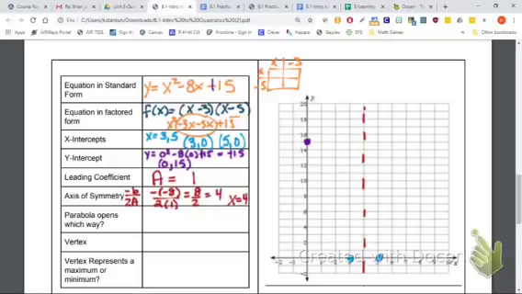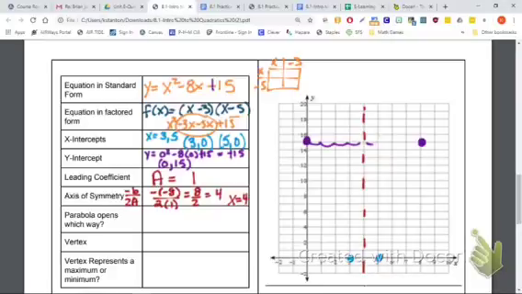Now I'm going to show you guys something that I didn't on the last problem. Because this is an axis of symmetry, I know that if I have my y-intercept right here and it's 1, 2, 3, 4 spaces over, I know that over here it's going to go 1, 2, 3, 4 spaces over, and I can put another dot there.